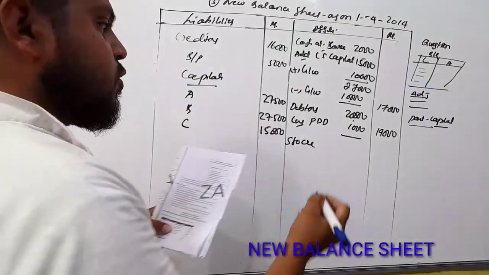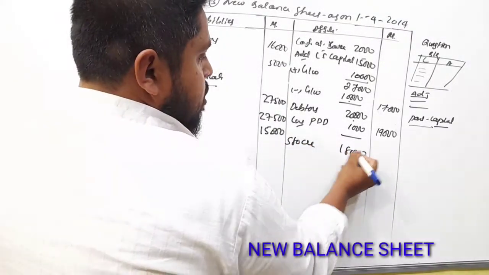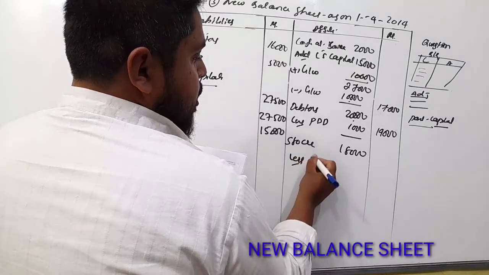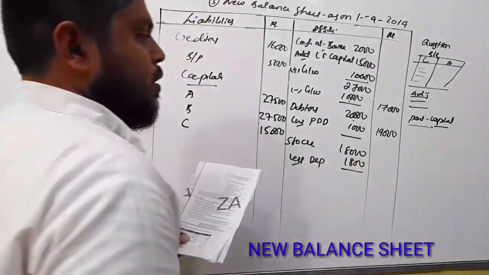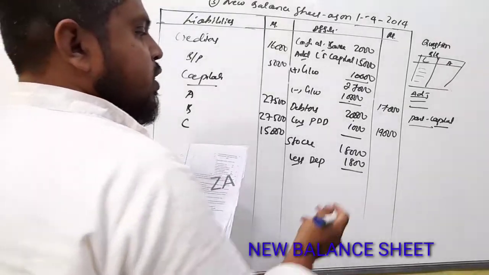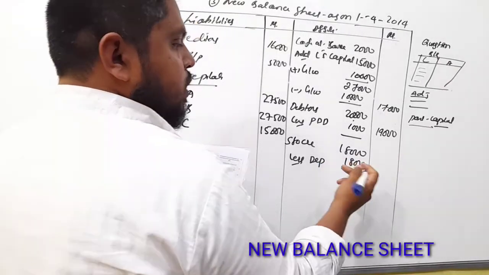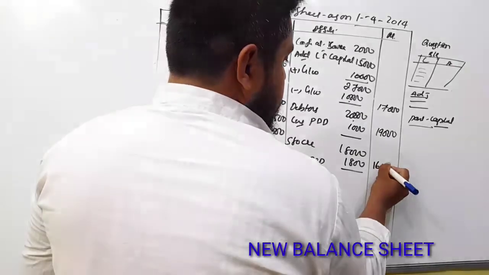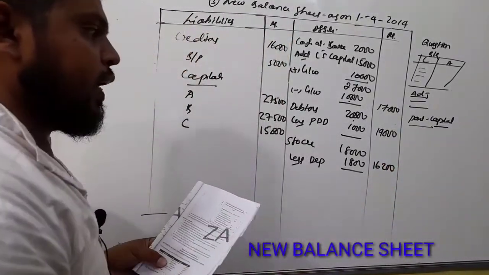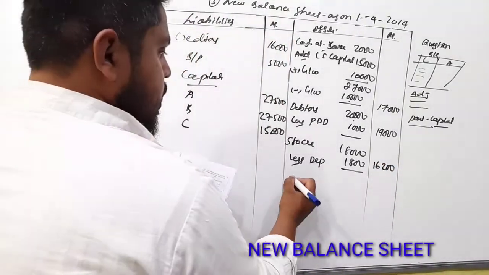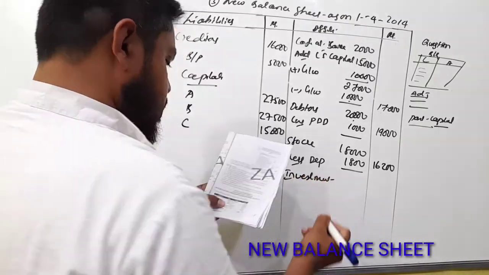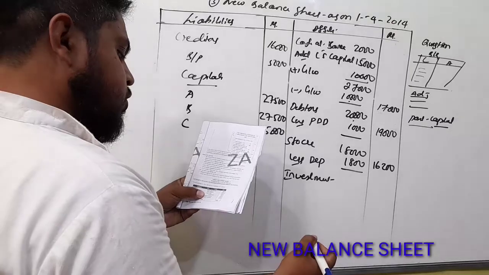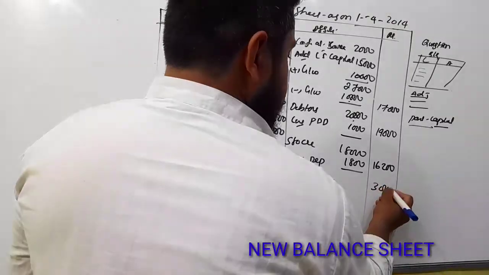Stock also has an adjustment: 18,000 less depreciation 1,800, so 18,000 minus 1,800 is 16,200. Next, investment. For investment there is no adjustment, 3,000.